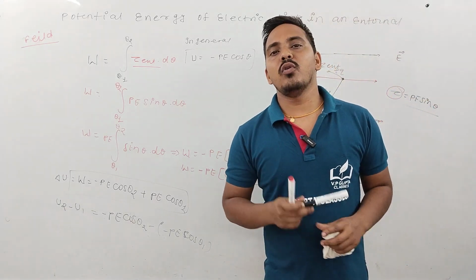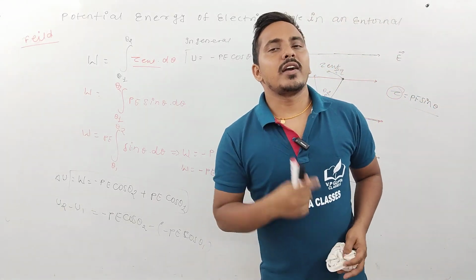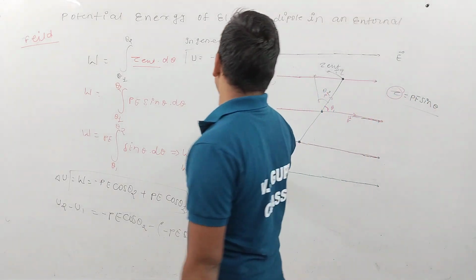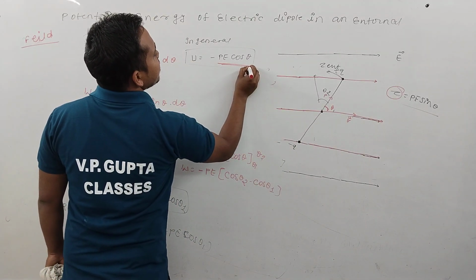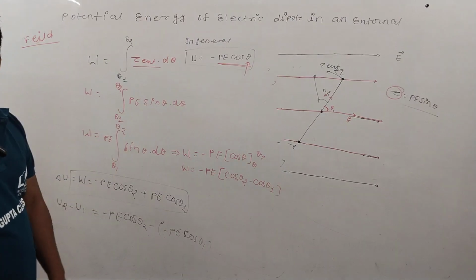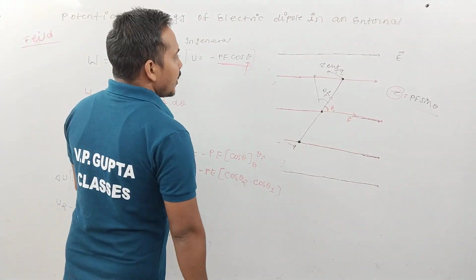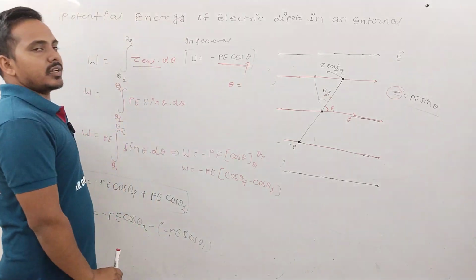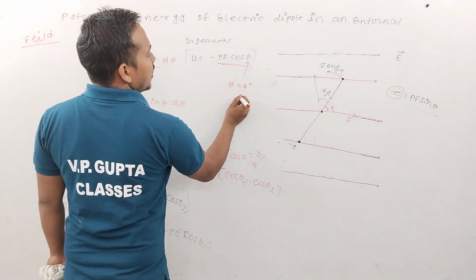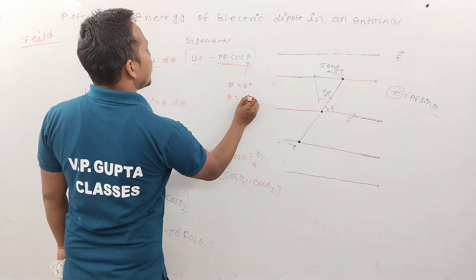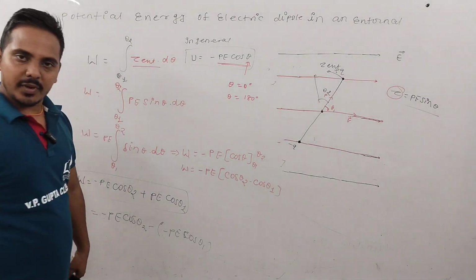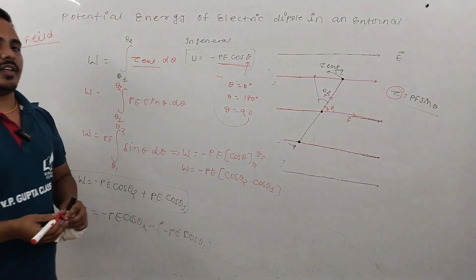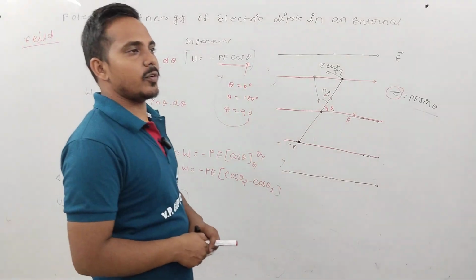The potential energy is maximum when theta is equal to 180 degree, and minimum when theta is equal to 0 degree, and at theta equal to 90 degree the potential energy is zero.